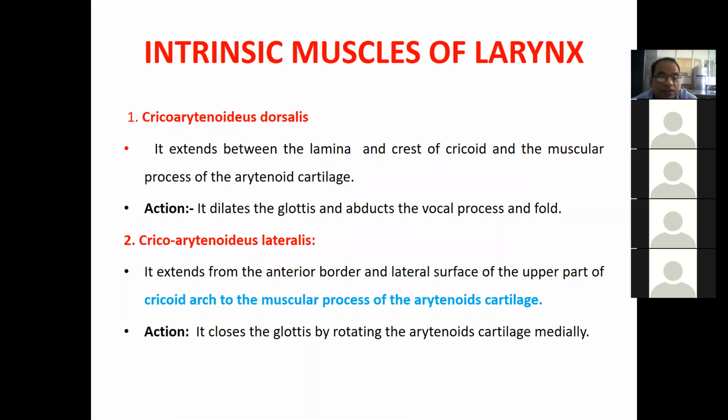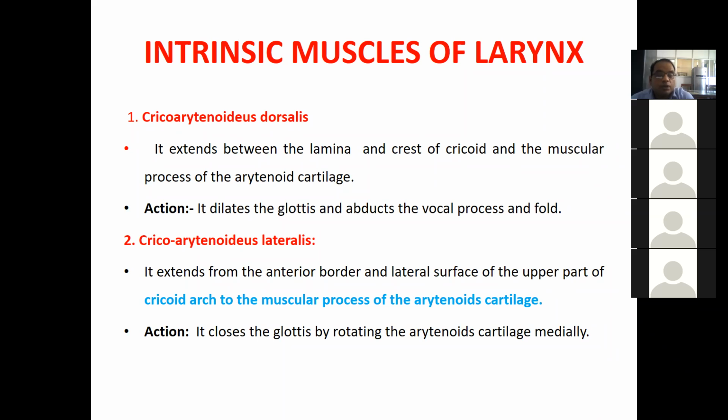Another muscle is the cricoarytenoideus lateralis. This muscle extends from the anterior border and the lateral face of the upper part of the cricoid arch to the muscular process of the arytenoid cartilage.